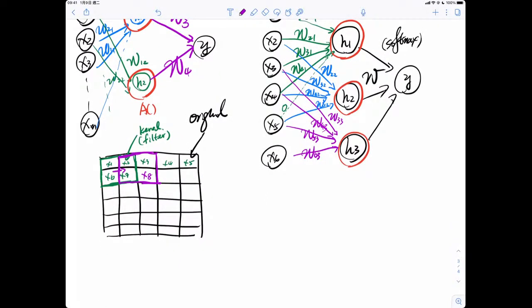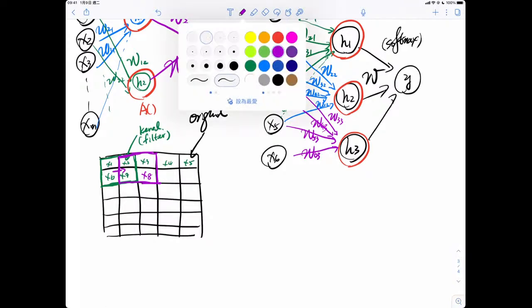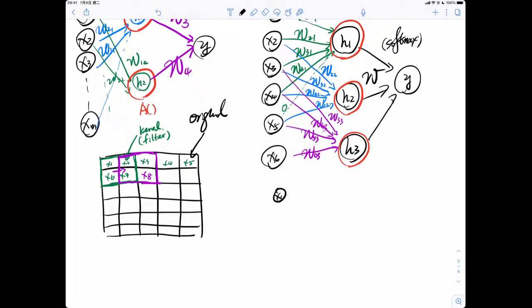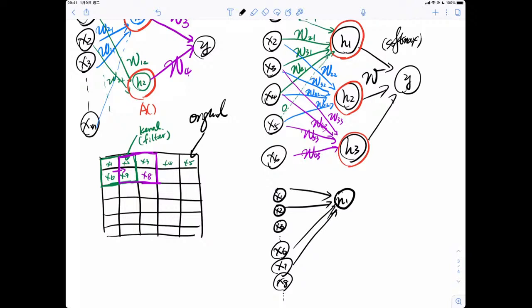So basically, when you do this kind of 2D convolution, you can simply say I have several inputs like this, and the first neuron right here focuses on 1, 2, 6, 7, which is the green.